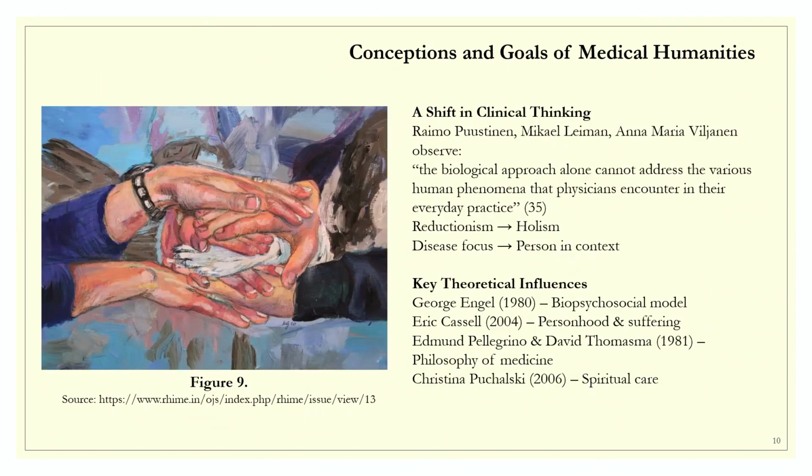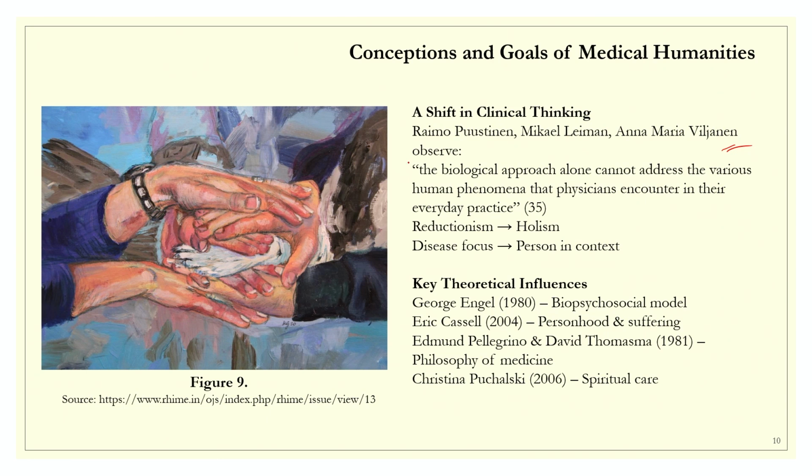So, to clarify the aims of medical humanities, it helps us to look at how the field has been conceptualized. In Medicine and the Humanities: Theoretical and Methodological Issues, Raimo Puustinen, Matti Leiman, and Anna-Maria Viljanen identify a major shift in clinical medicine over the past 50 years.